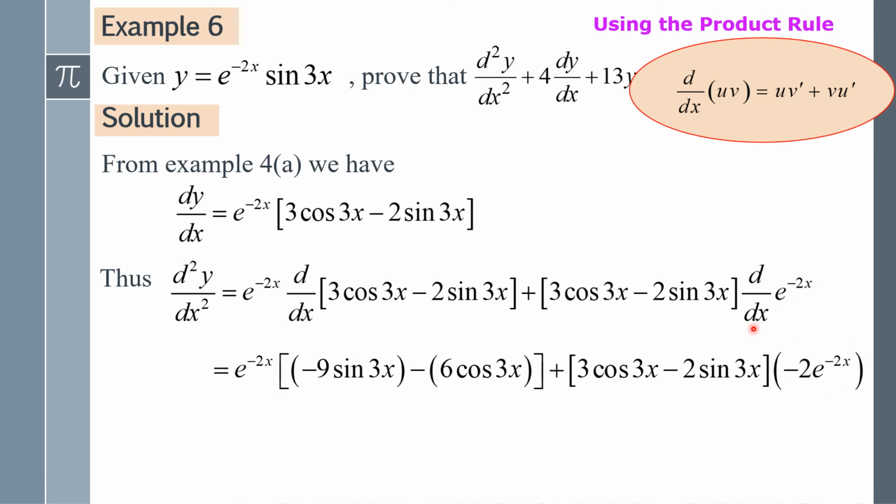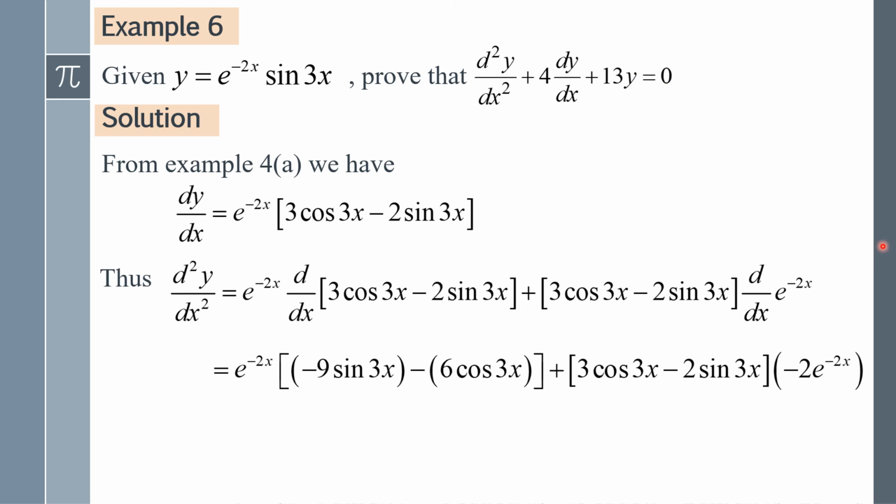Differentiating e to the power of negative 2x, we get negative 2e to the power of negative 2x. We simplify until we get negative 5e^(-2x) sin 3x minus 12e^(-2x) cos 3x.